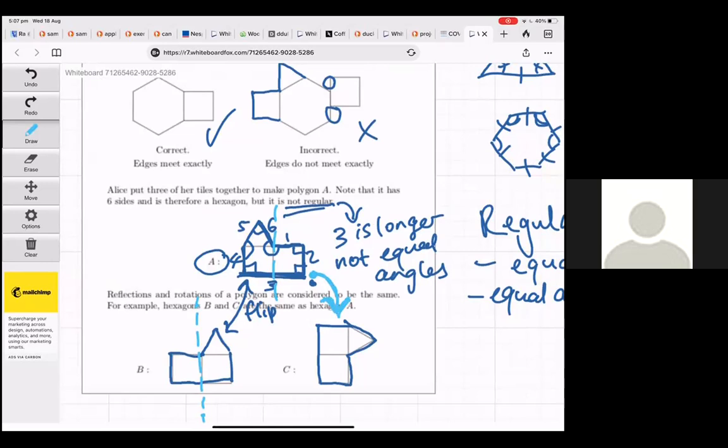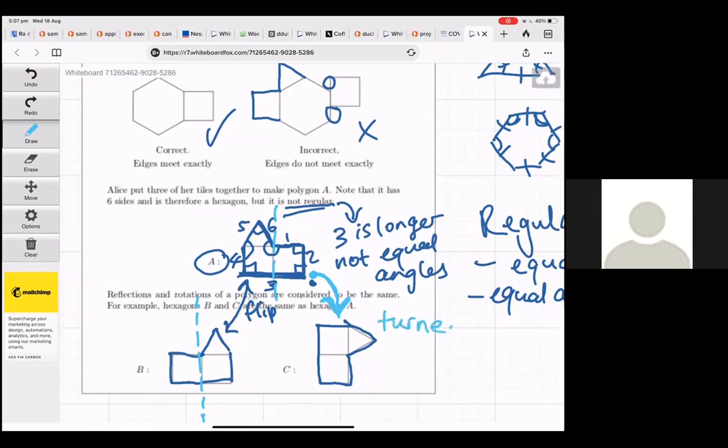Why is it the same shape, and what has changed? It is just turned a little bit. Yeah, it's turned, and it's still the same shape because you didn't put any extra things. It just turned. Okay, good.